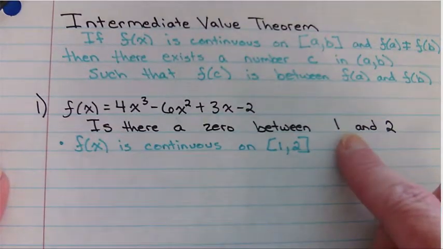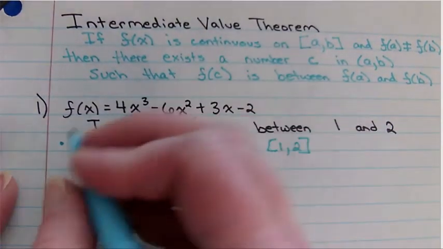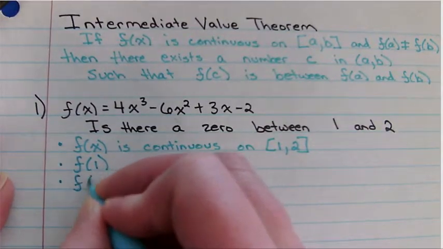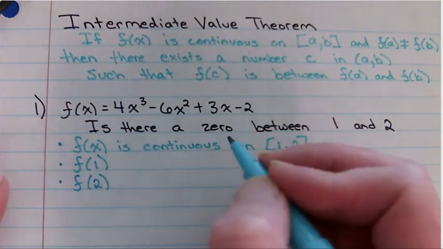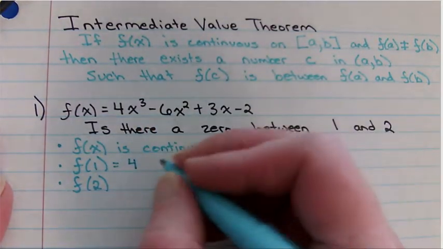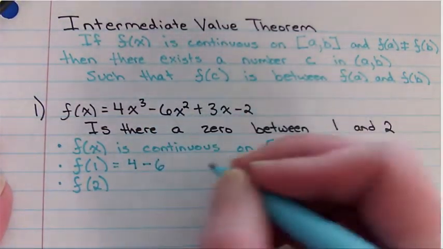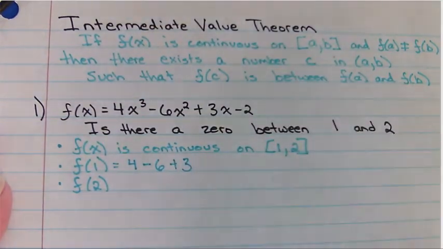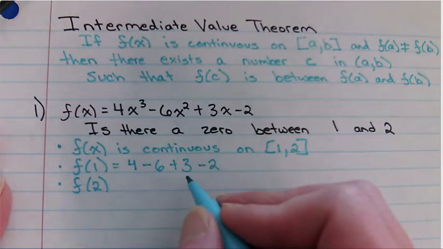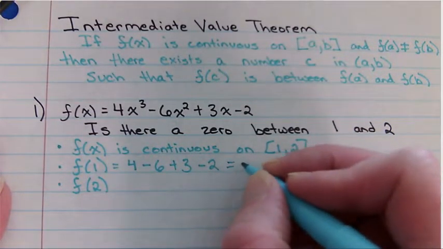So I'm going to check f of 1 and f of 2. I'm going to plug in 1 for all my x's. It's going to give me 4 times 1, minus 6 times 1, plus 3 times 1, minus 2. That's going to give me negative 1.